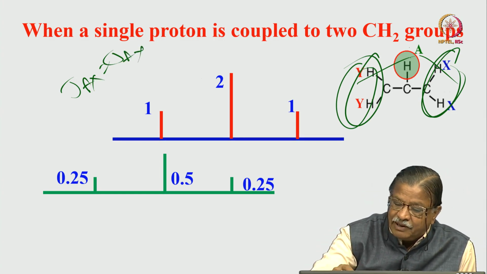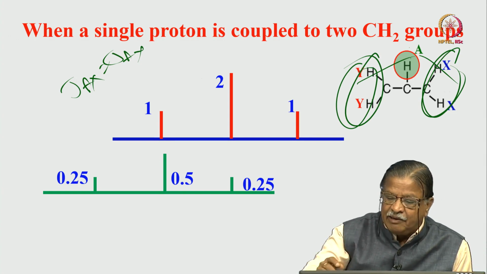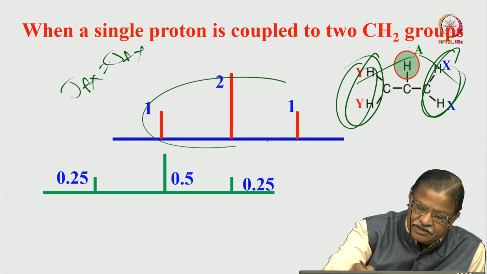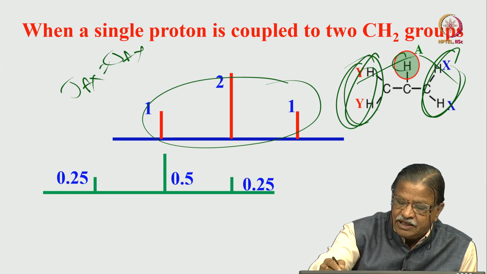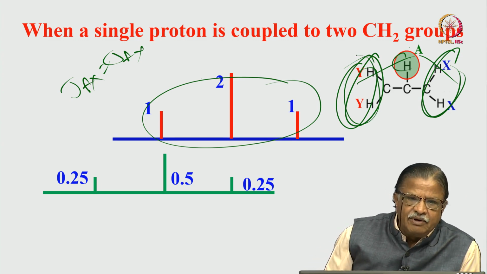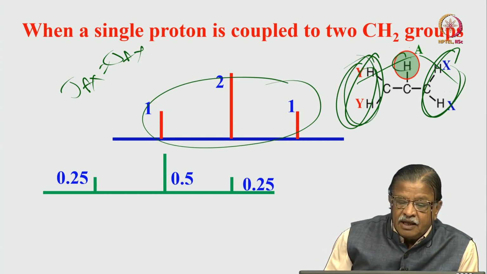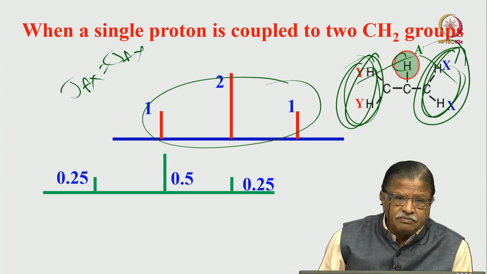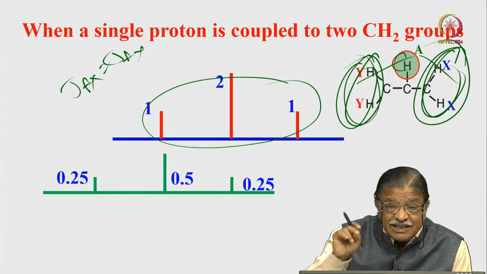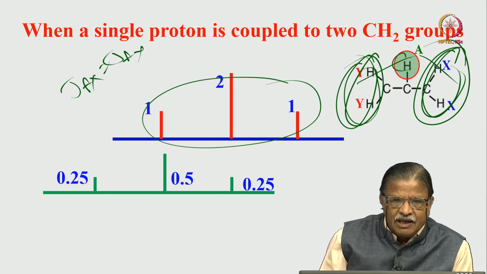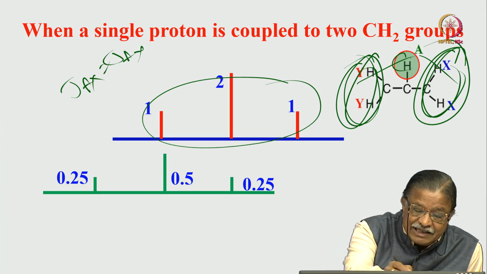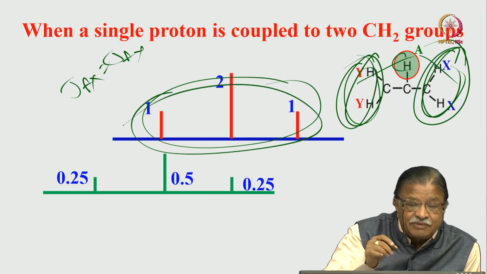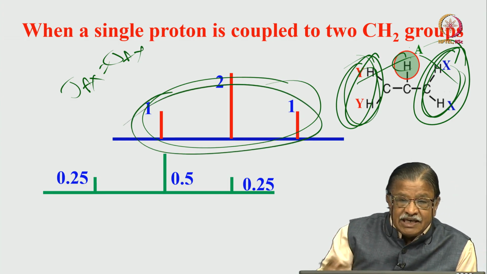Because of one of the methylene groups, when it is coupled, it will become a triplet, that we already discussed. When this proton is coupled to a CH2 group, by the 2nI plus 1 rule it will become a triplet. But now what is happening? It is also coupled to another CH2. That CH2 will ensure that each line of this triplet is further split into another triplet.